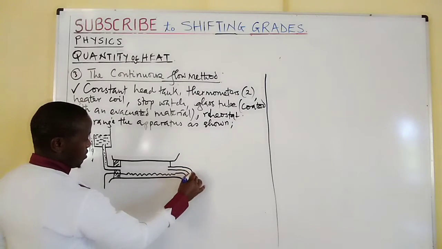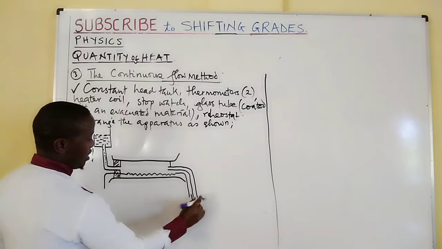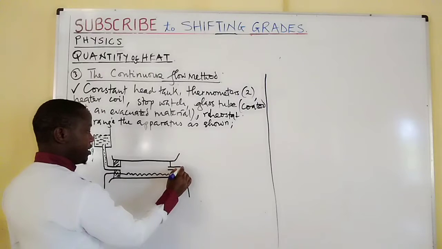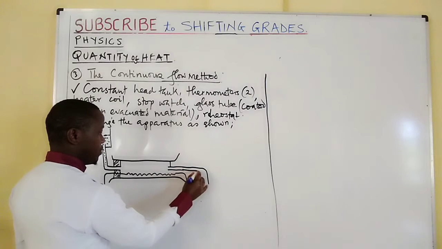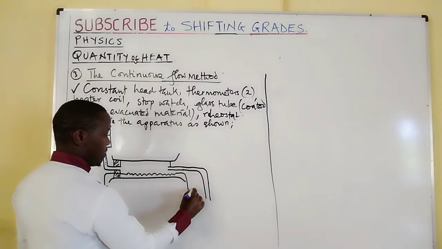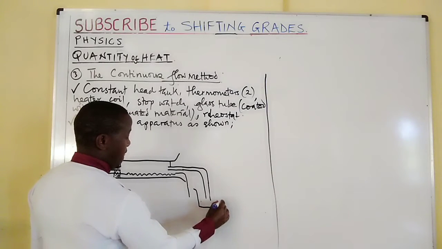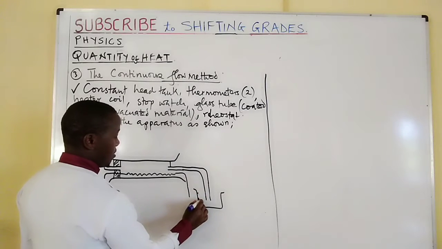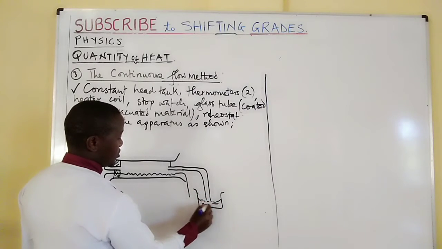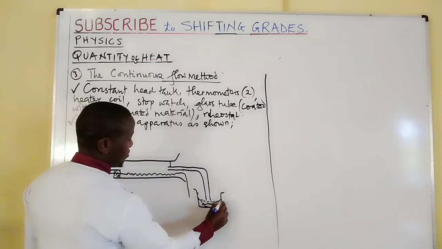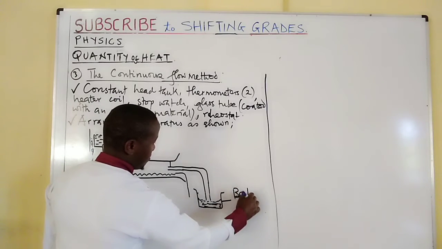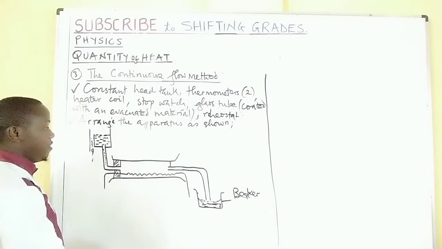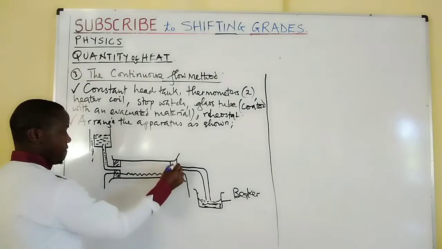Then we are having an outlet pipe here, elongated so that it may not bring complications. This is a beaker, or a collecting vessel, which will collect the water which will flow.